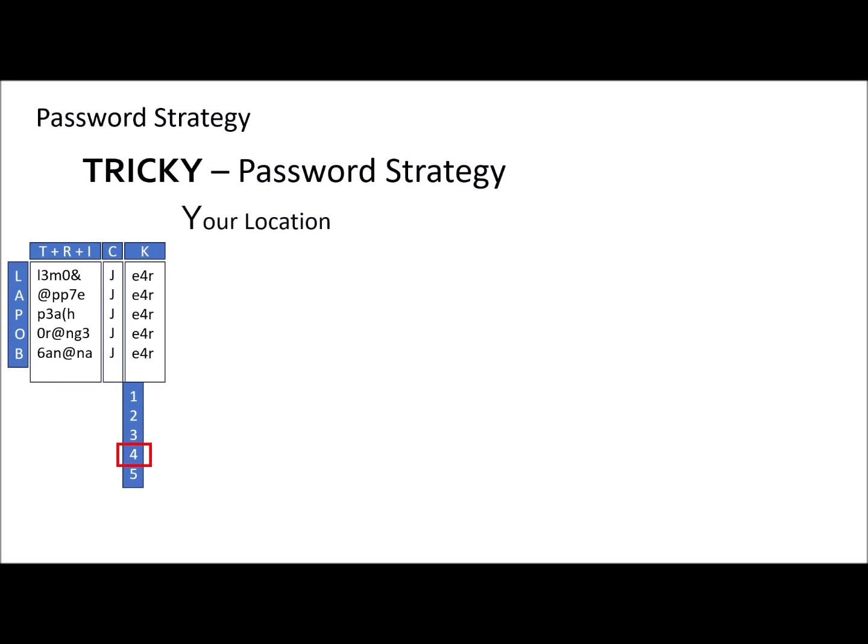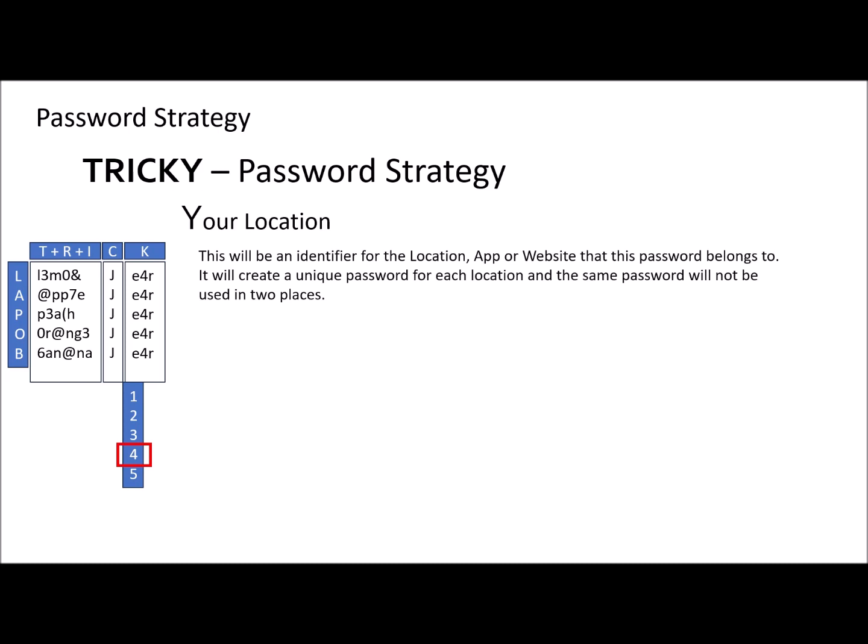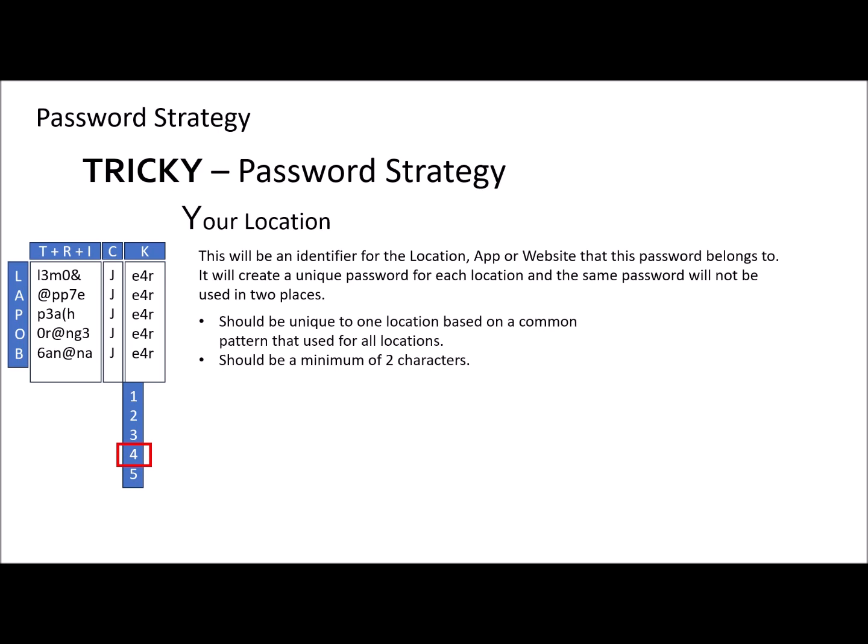And the last part of this tricky password strategy is your location. We want it to be unique to the website or the app or the thing that you're using this password on. It should be based on the location, and it should be a minimum of 2 characters. Here are some examples. You could use the first and last character.